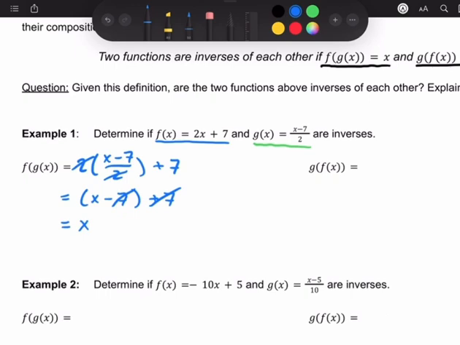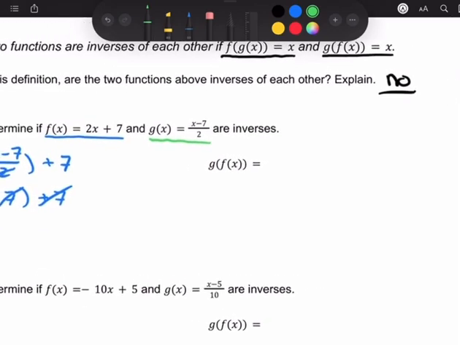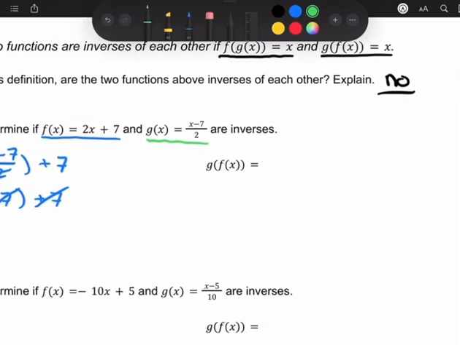Since the composite function f of g of x equals x, we need to go ahead and solve for g of f of x to truly determine if these two functions are inverses of each other. So, solving for g of f of x, we're plugging in f of x into anywhere in g where there's an x variable. We get (2x plus 7 minus 7) all over 2.